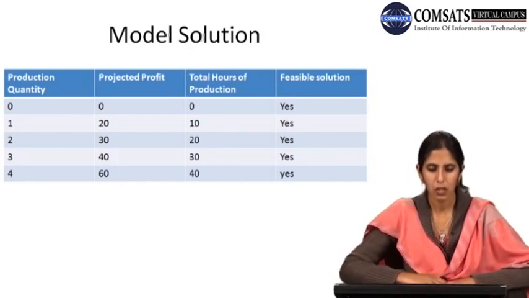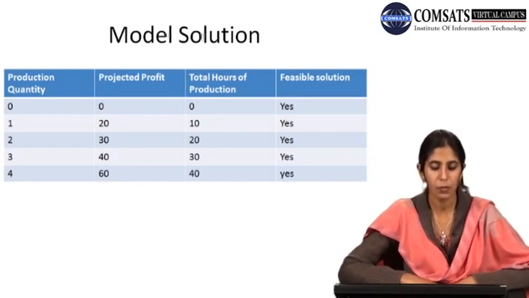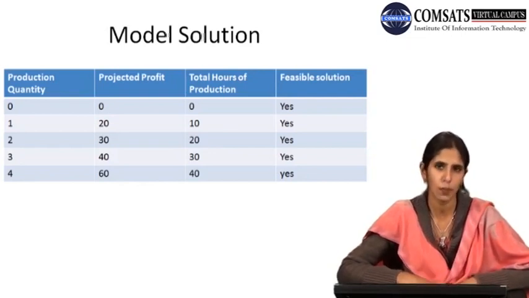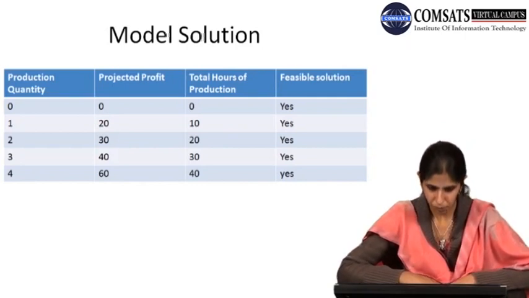With the very first quantity of production, the projected profit is 20 units, 20 rupees or dollars or whatever the money rate is.